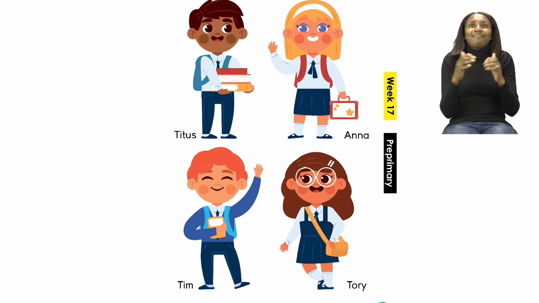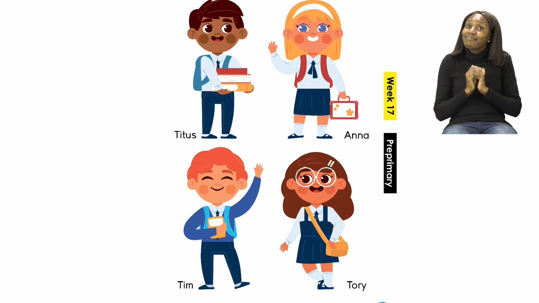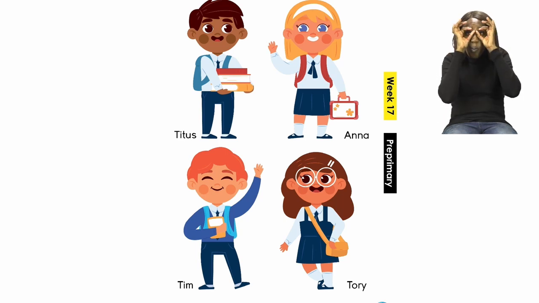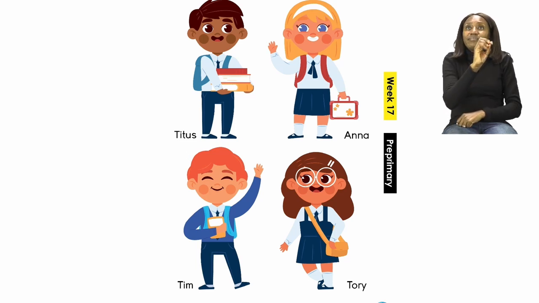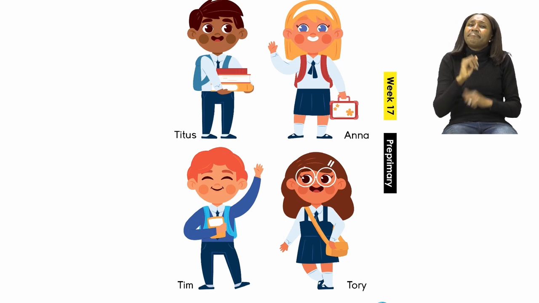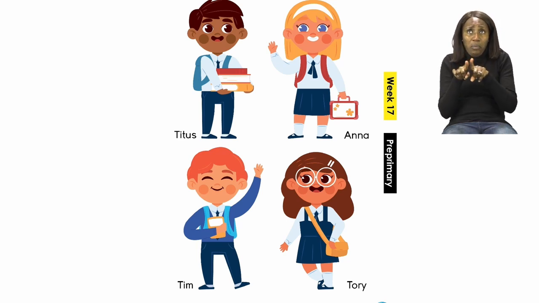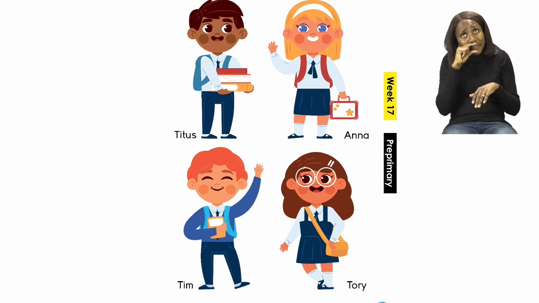The last friend we have is waving at us, but she's wearing glasses. Her name is Tori. Tori. Now we want to find out if Tori's name has the same beginning sound as all of our friends. So let's try.